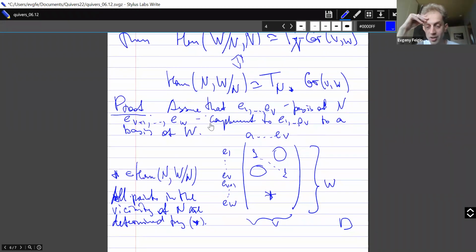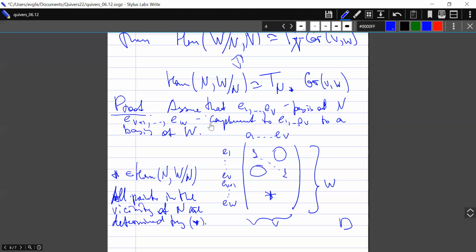So we want the tangent space to be homomorphisms from N to the quotient of the large space modulo our subspace. And this is indeed the tangent space, since we identify the points in the neighborhood of our N.